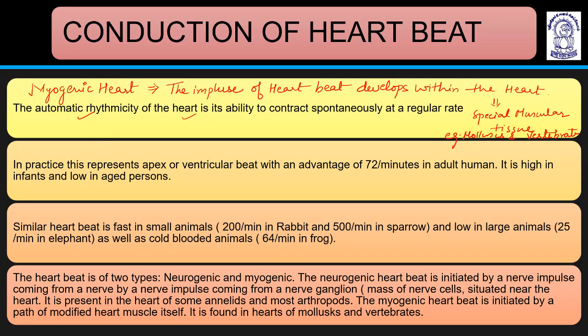The automatic rhythmicity of the heart is its ability to contract spontaneously at a regular rate. So the human heart is autorhythmic. In practice, this is represented by the apex or ventricular beat, with an average of 72 beats per minute in an adult human.